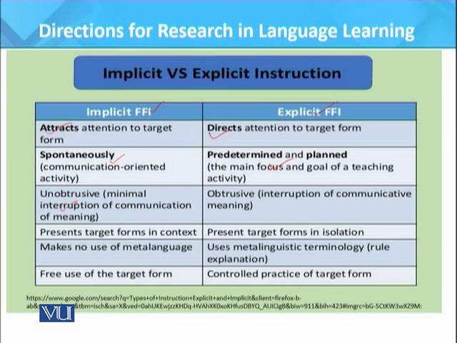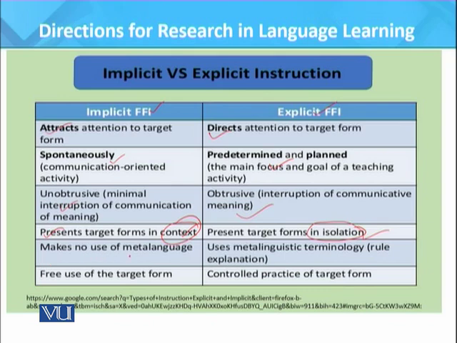The implicit is unobtrusive, meaning minimal interruption, because it is very natural and communicative, so there is no interruption. In the explicit, however, there is interruption of communicative meaning, because you are targeting the language form for specific purposes. The implicit presents the target form in context, while the explicit presents it in isolation, because specific language rules are presented in a specific situation where the understanding of rules plays an important role.